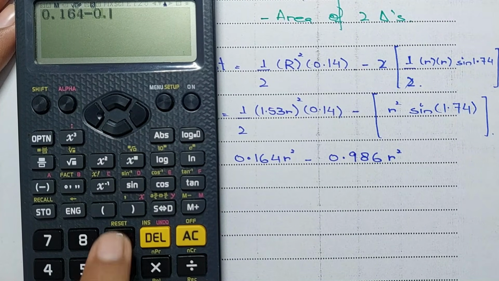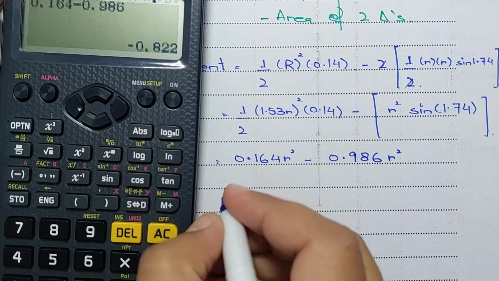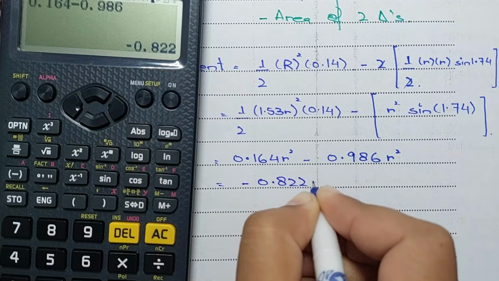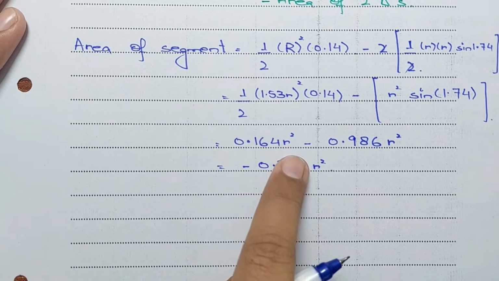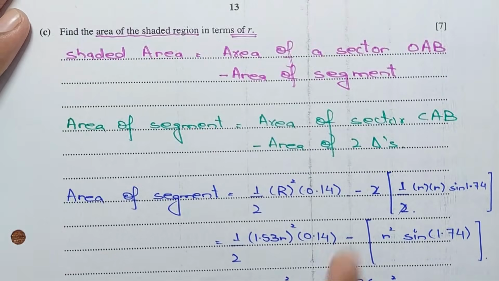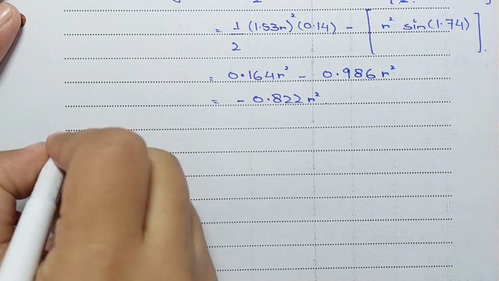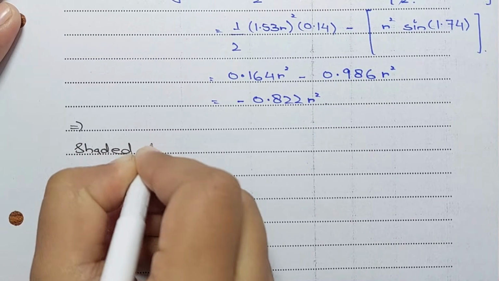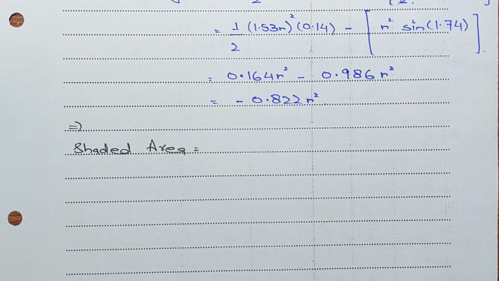0.164 minus 0.986, this would be negative 0.822 r square, right? Okay, now this is area of a segment. Now let me substitute the area of a segment over here. This implies shaded area becomes area of a sector AOB.